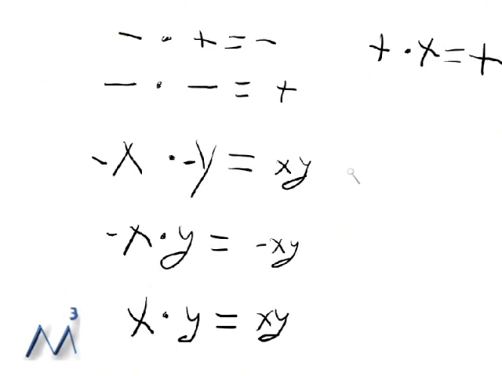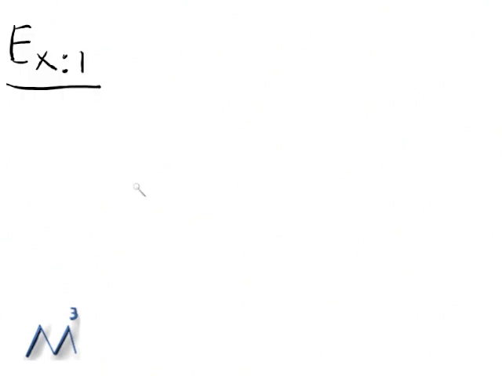And these rules hold for division. Let's look at some examples. Example 1: say we have 10 divided by negative 5. Well, you already know what this would be. It would be a 2. Since we have a negative here and a positive here, same as multiplication, you would end up with a negative.